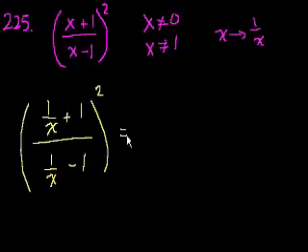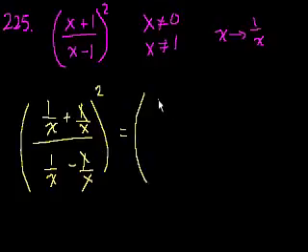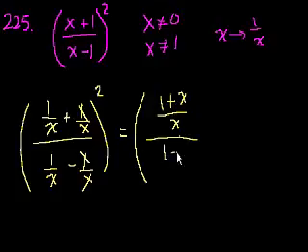And that equals, let's see, this is the same thing as 1 over x plus x over x, because 1 is the same thing as x over x. And this one is the same thing as x over x. So then this equals 1 plus x over x over 1 minus x over x, everything squared.